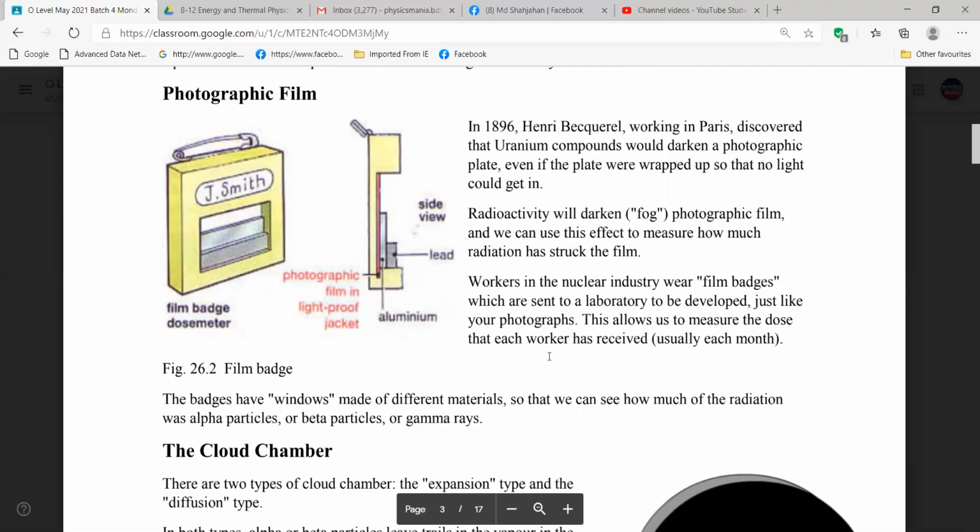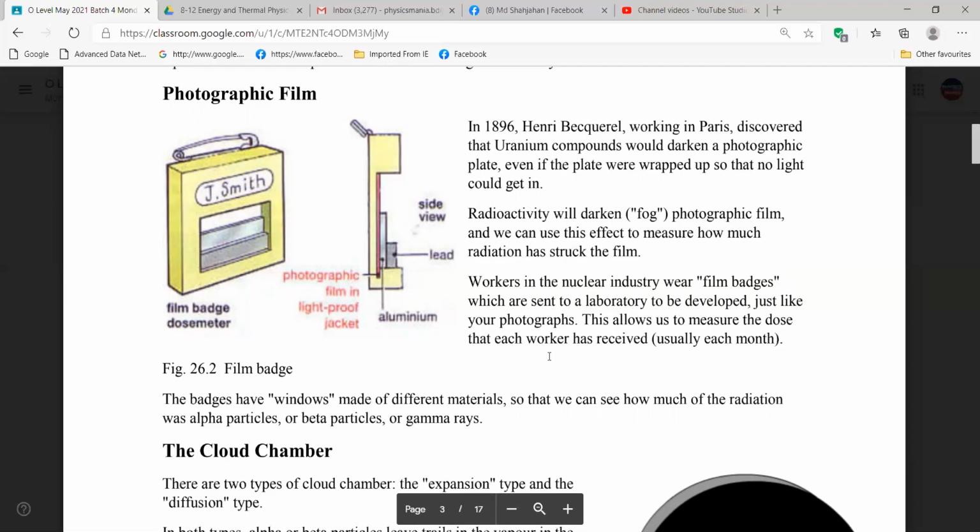In 1896, Henry Becquerel, working in Paris, discovered that a uranium compound would darken a photographic plate even if the plate were wrapped up so that no light could get in. Radioactivity will darken, or fog, the photographic film, and we can use this effect to measure how much radiation has struck the film.